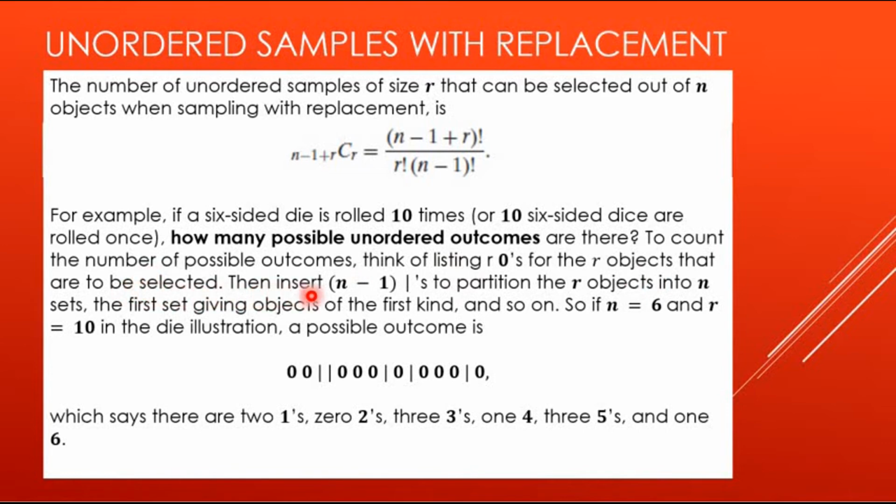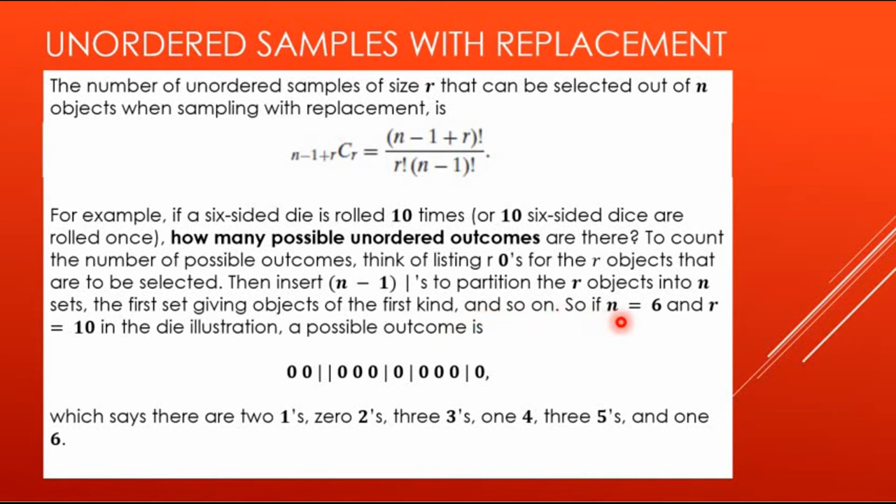Then insert n minus 1 of these bars to partition the r objects into n sets, the first set giving objects of the first kind, and so on.